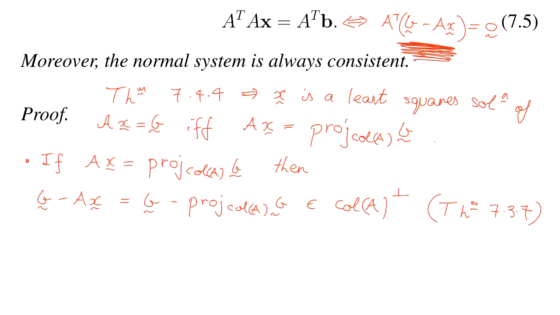The projection of B onto the column space lives in the column space. B minus that, we proved, lives in the perp of the column space. This is just a special case of the projection theorem. If you've got B minus the projection onto any space, that lives in the perp of whatever space you're projecting B onto. So this difference, straight from the projection theorem, no tricks, lives in the perp of the column space.